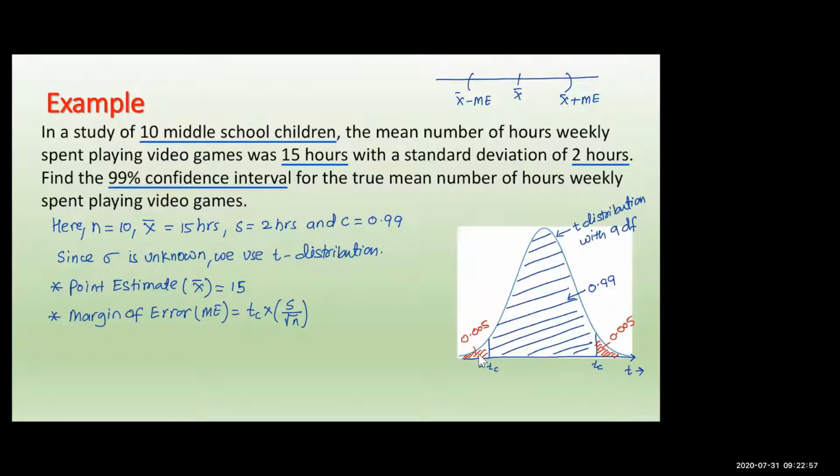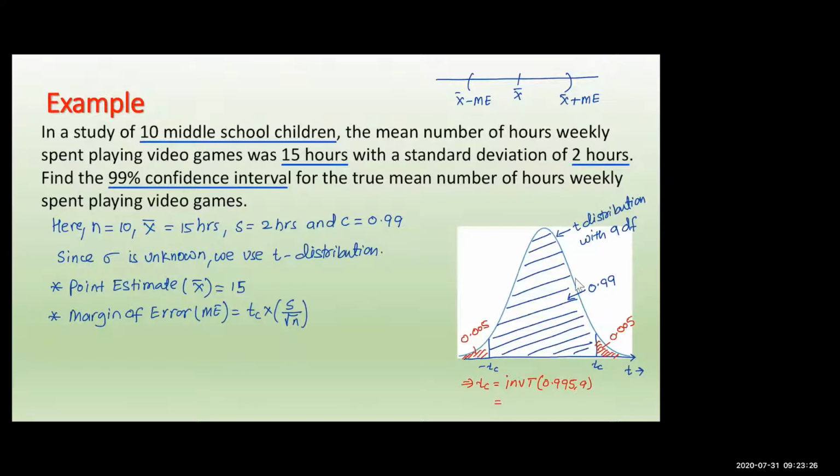Now to find the t critical, you know that t critical is inverse t. Area to the left of this t, 99% plus 0.5% is 99.5 or 0.995. And your degrees of freedom is 10 minus 1, which is 9.